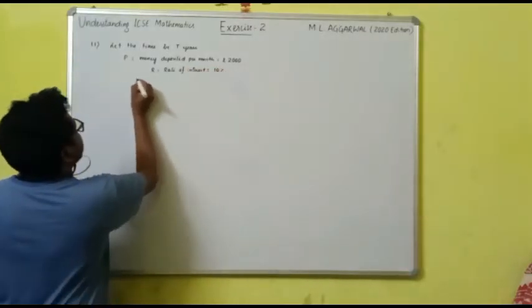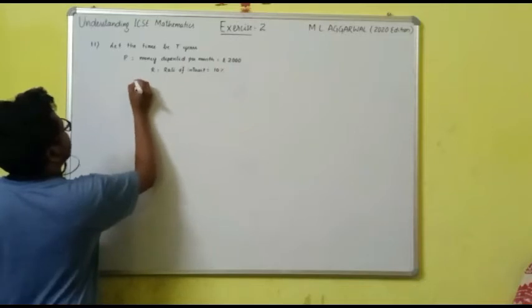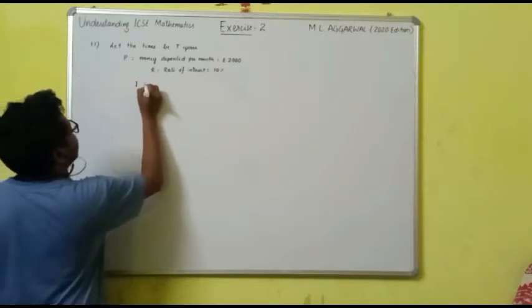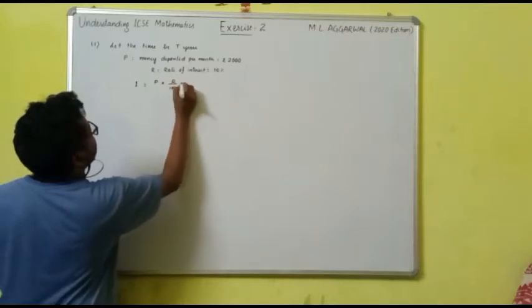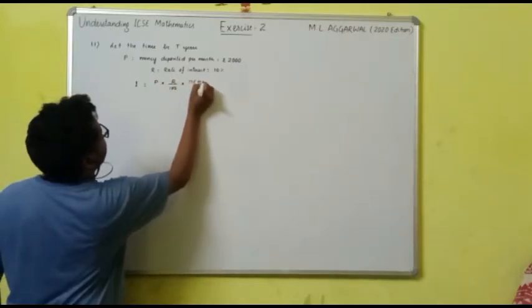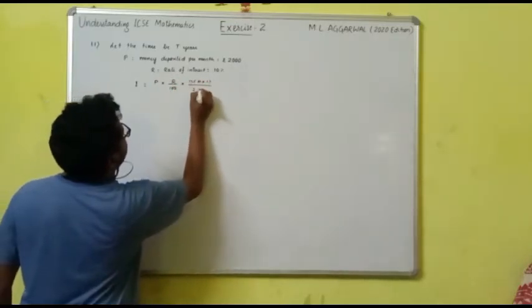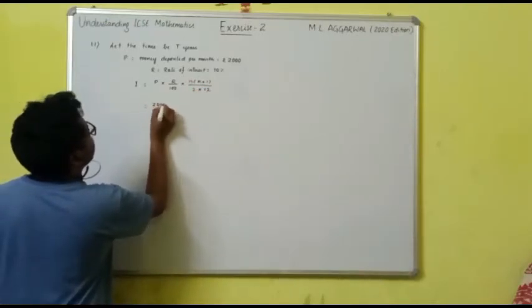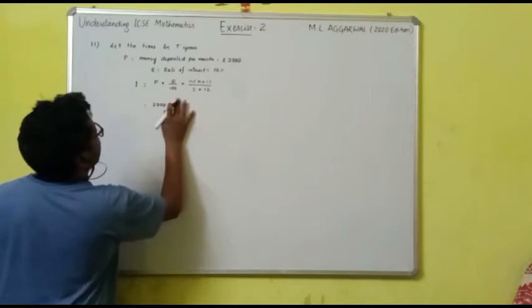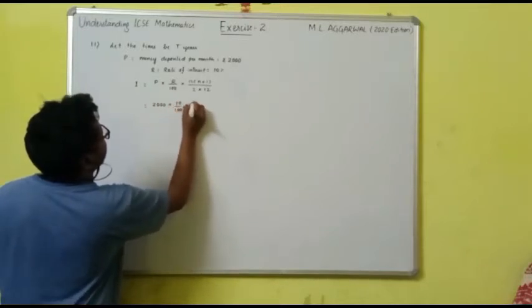Then your I. So I is equal to P into R by 100 into n bracket n plus 1 by 2 into 12. So P is equal to your 2000, R is equal to your 10 by 100 into n, we don't know.